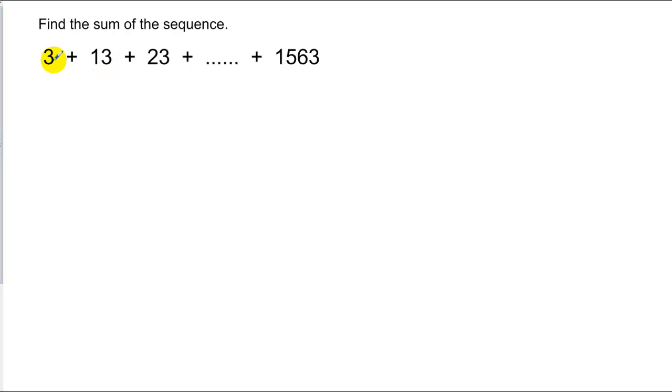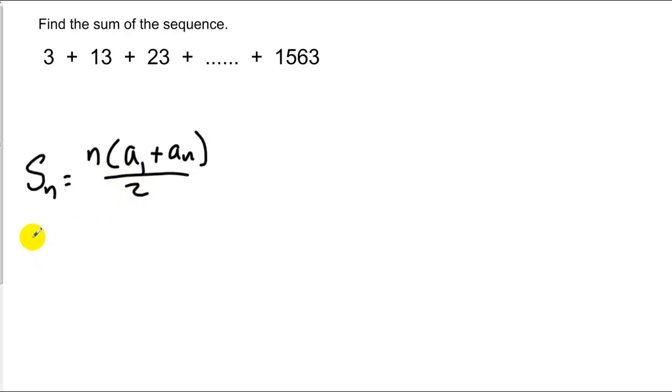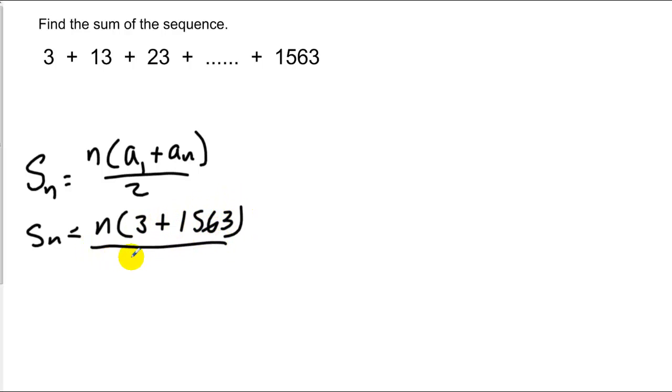So in this case, we have the sum of n terms, and we don't know what n is quite yet, but that's equal to n times the first term plus the last term over 2. So let's fill all this in. Sum of n terms is equal to n, first term 3, last term 1563, and I'm going to divide that by 2.